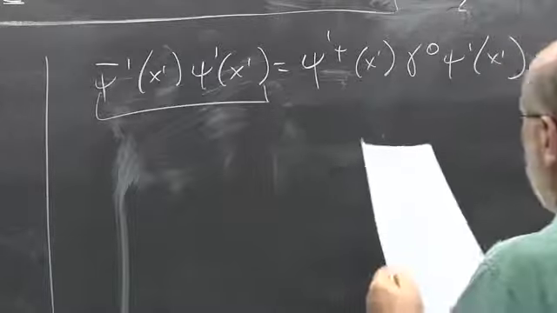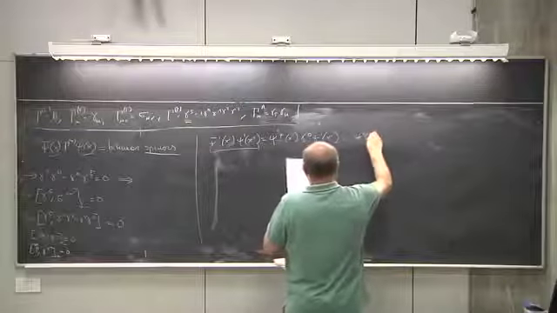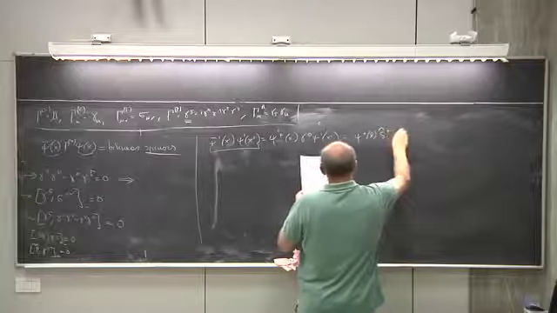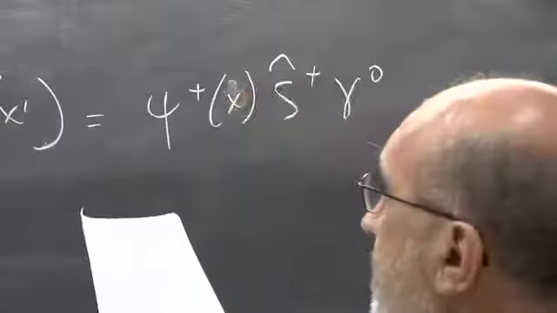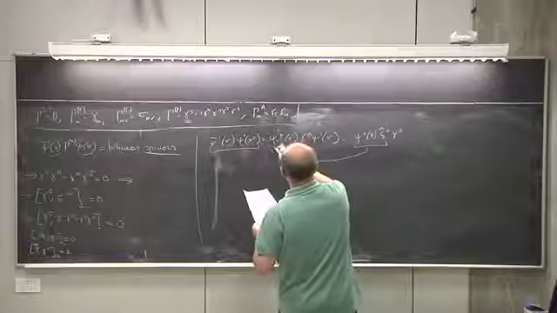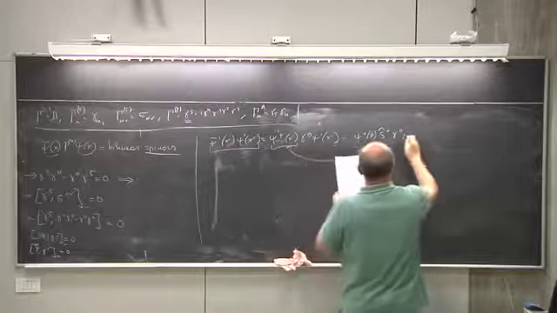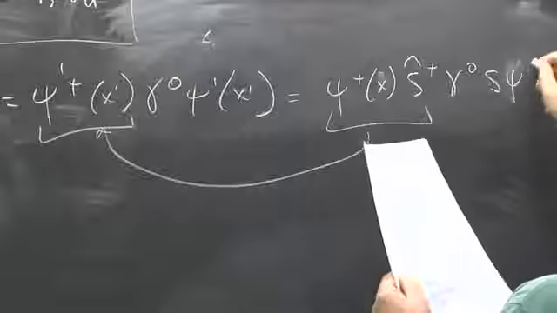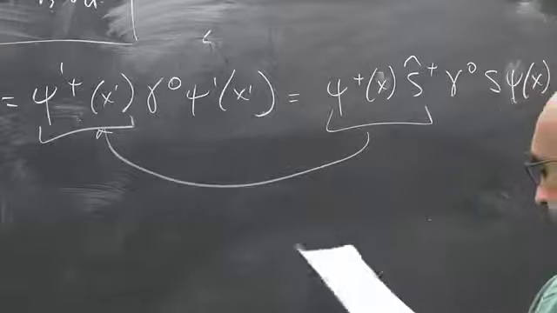Now this one is psi dagger S dagger gamma 0 S psi of x, because this quantity is this. Then I have gamma 0, then I have S psi of x. Okay.